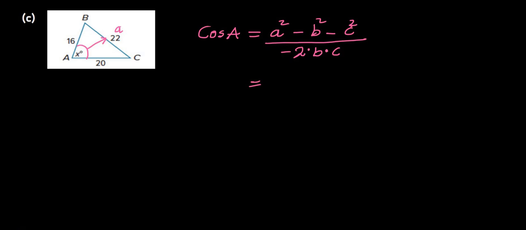The uppercase A in the question is x, so this will become cos x degrees is equal to, the lowercase a is 22, so we have 22 squared minus b squared.